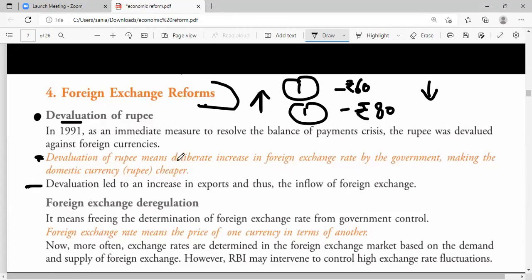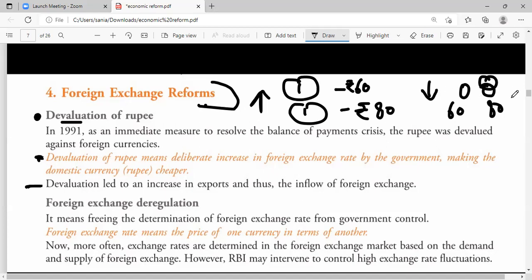Why was devaluation done? Devaluation led to the increase in export and thus inflow of foreign exchange. See, for example, these are the products. One is this and this other product. This is for 60 and this is for 80. So for example, people came from outside and wanted to purchase this.